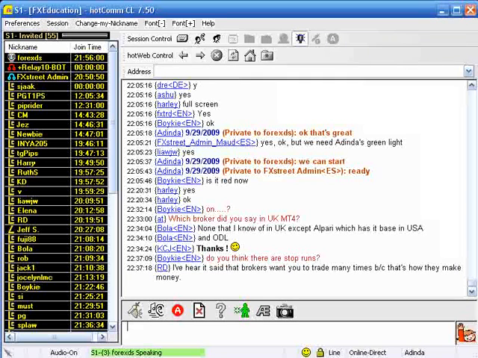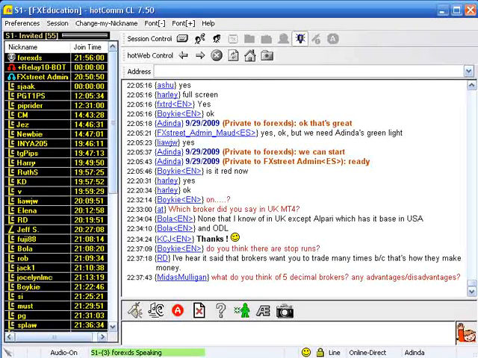So one of the questions from Buki is, do you think there are stop runs? I think there might be. There are certainly brokers out there that we track that have a bad reputation for execution. I think that's something that cannot be ruled out. The question is, how do you detect it?